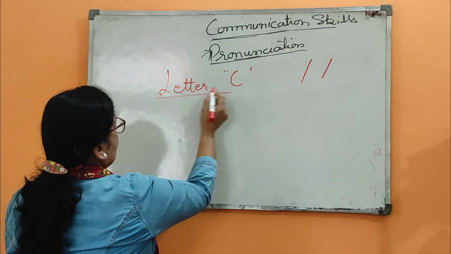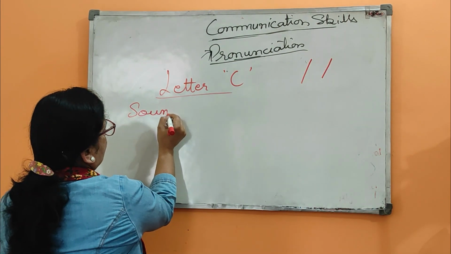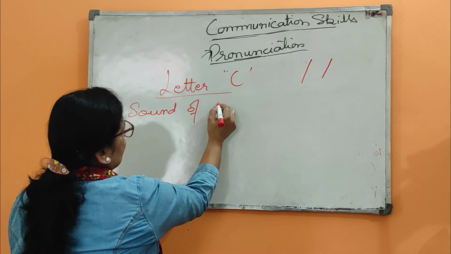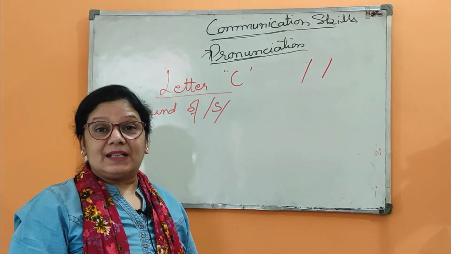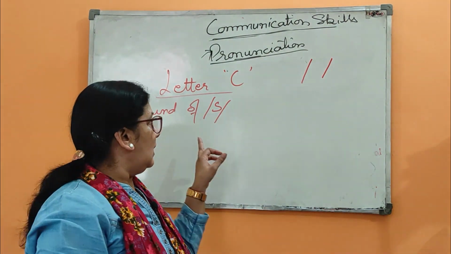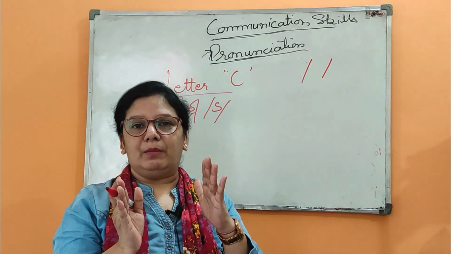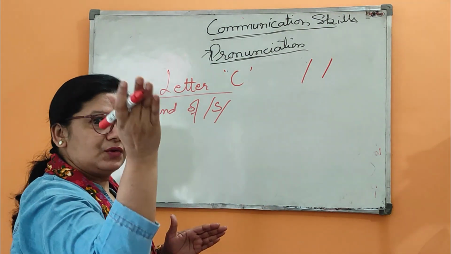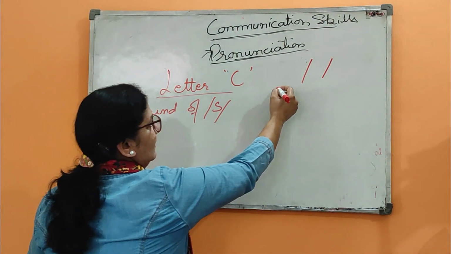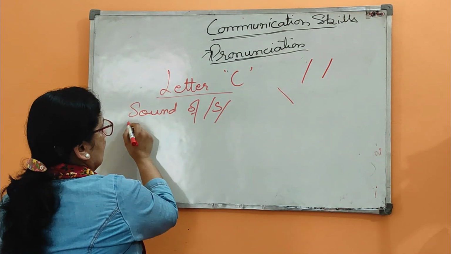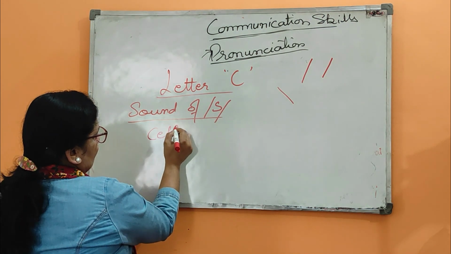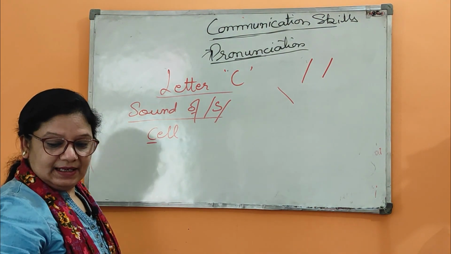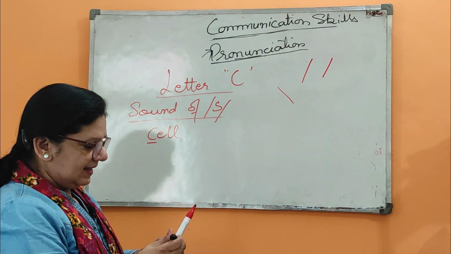So the first one is the sound of S. When we use C and it gives the sound of S, I write it between those straight obliques, not back obliques. This is a back oblique, this is a straight oblique. Sound of S, like if I say cell, here the C is giving the sound of S.